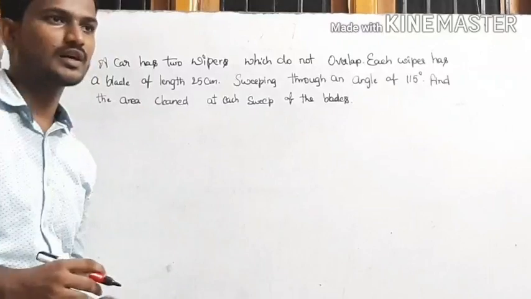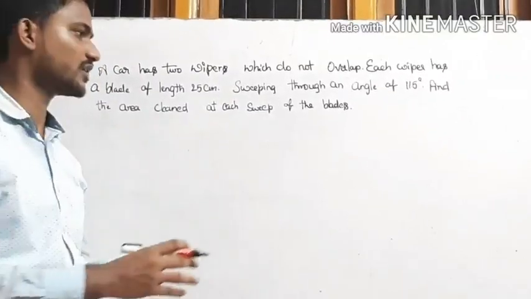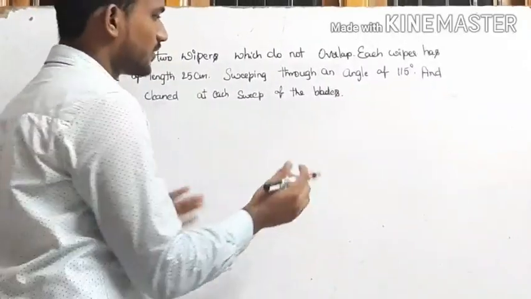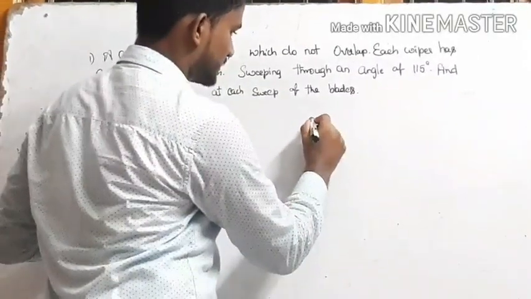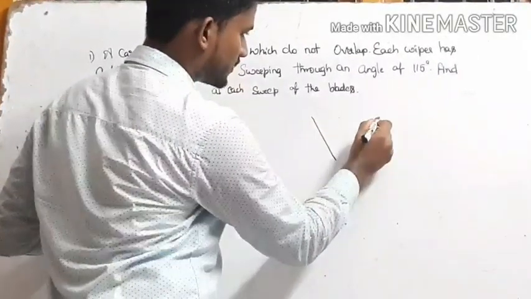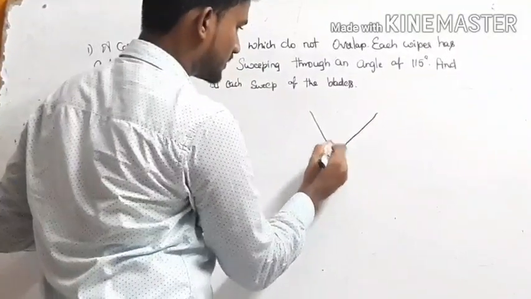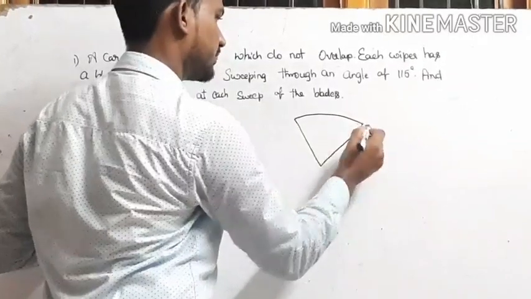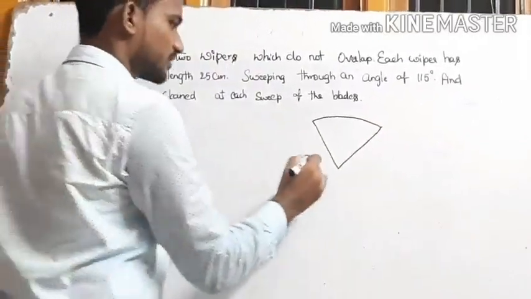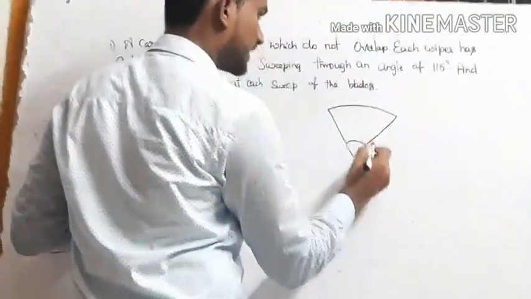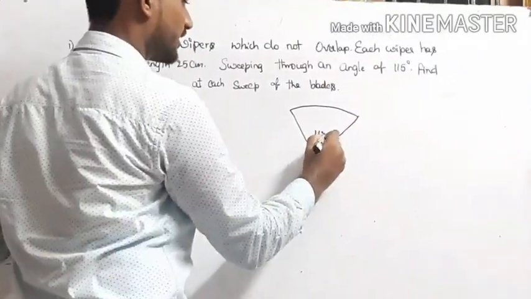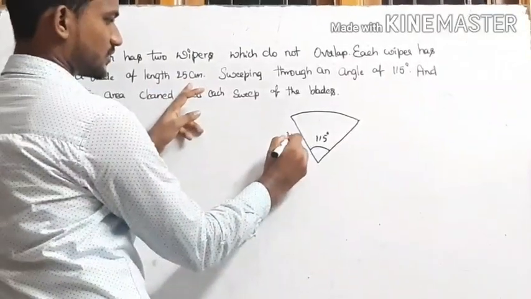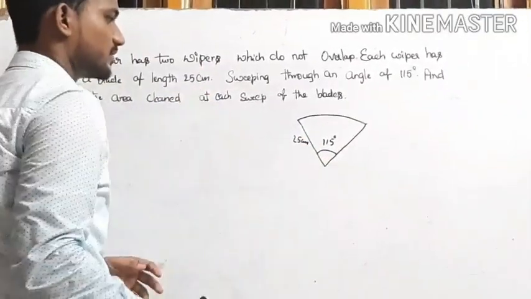We know that a car has two wipers in front of the mirror. It is like this. It will sweep from this part to this part like a segment, and its angle is given, that is 115 degrees, and the blade length is 25 centimeters.